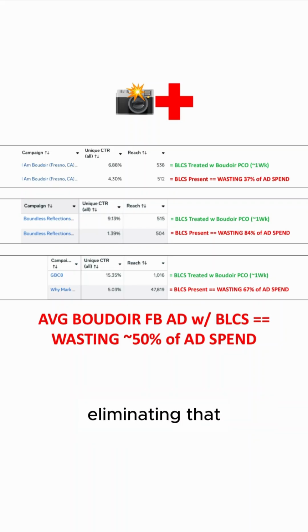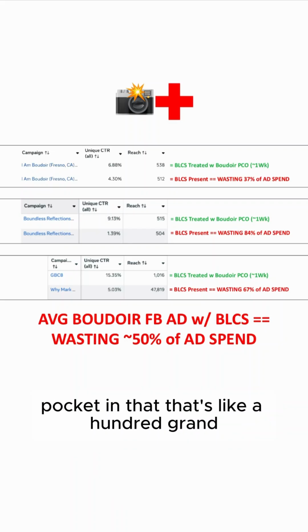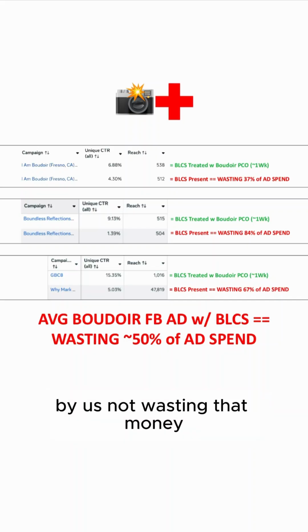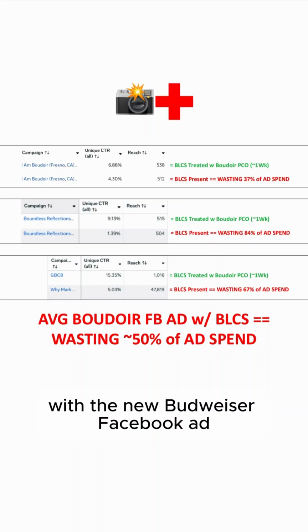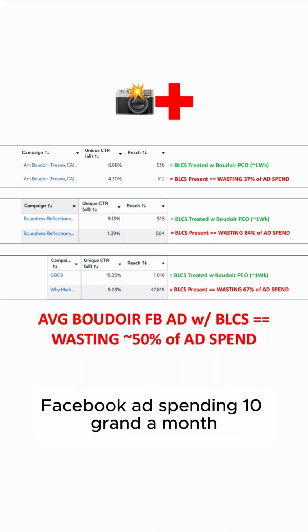So what are we doing here? Eliminating that 8,400 bucks a month of wasted ad spend, pocketing that. That's like a 100K bonus that we found by not wasting that money and spending 1,600 bucks a month with the new Boudoir Pico treated ad. We're getting our ad into the same number of women's brains as the original Boudoir Facebook ad spending 10 grand a month.